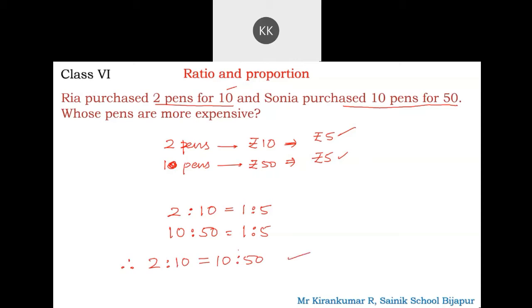This is a ratio, this is another ratio. When two ratios are equal, we say that they are in proportion. And we symbolically write using these 4 dots: 2:10 as 10:50. It is called proportion.